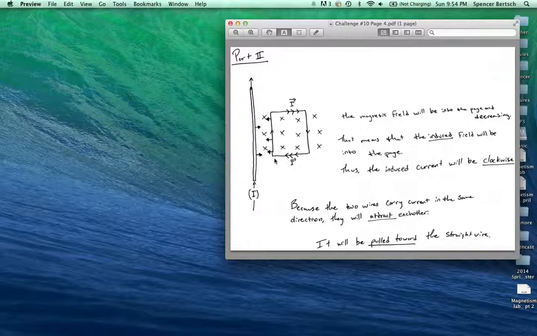This other wire is also parallel and going the other way, but because it's so far away, the effect will be pretty negligible. So this loop will be pulled towards the straight wire.